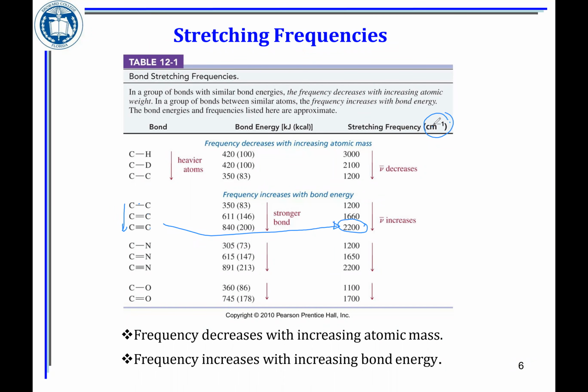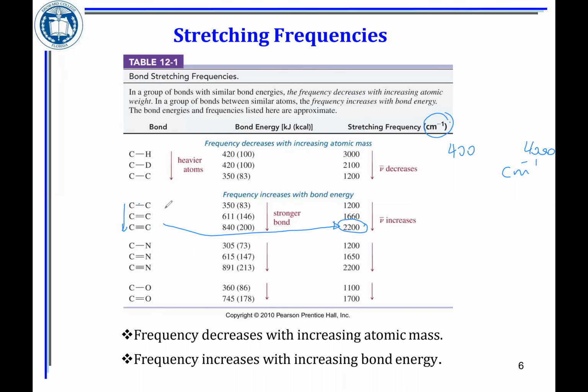So the higher this number, the higher the frequency, and higher frequency means higher energy. For a triple bond, you need 2200. The scale that we are dealing with, the IR region, goes from 400 to 4000 per centimeter. The higher the number, the higher the energy of the light in that region.